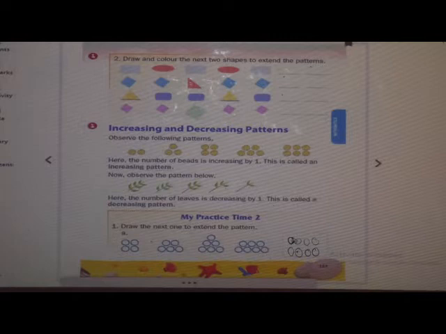Come on, do it fast. Done or not? 8 circles. So is this an increasing pattern or decreasing pattern? Very good, increasing pattern.